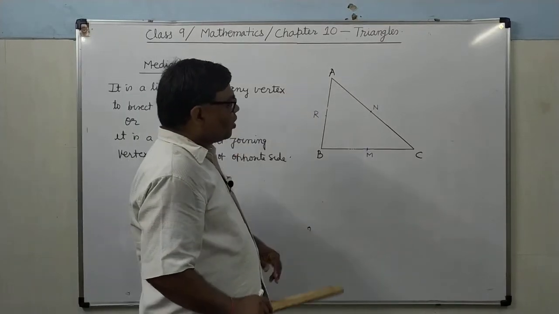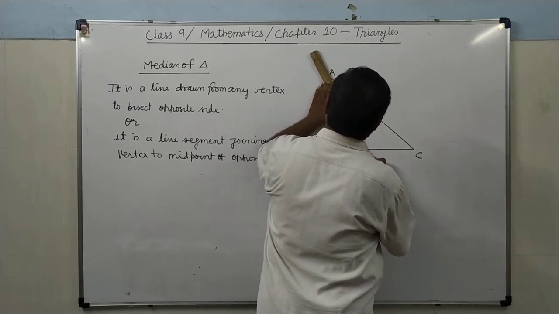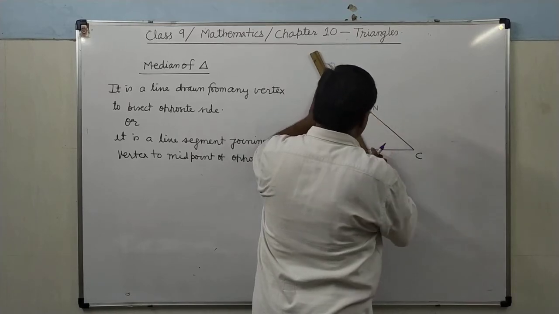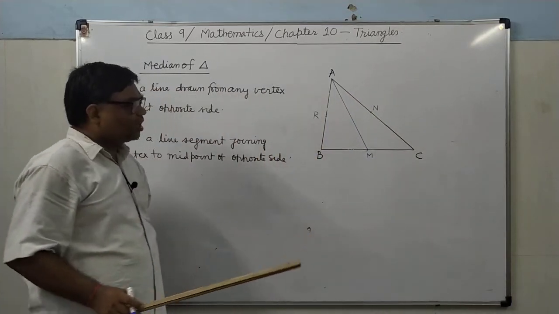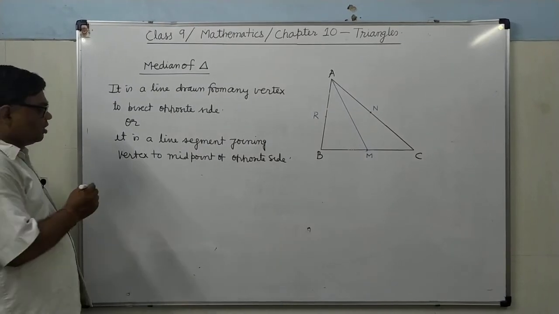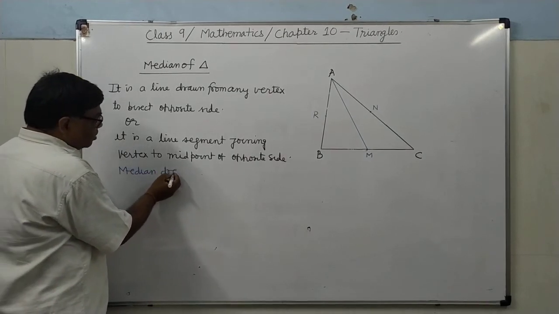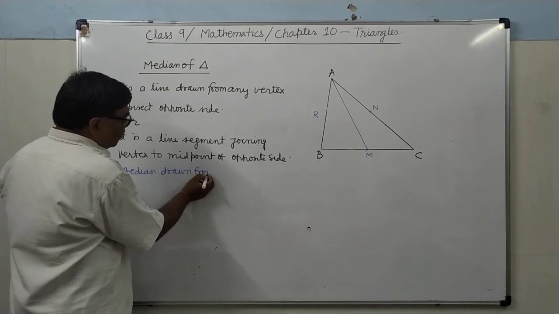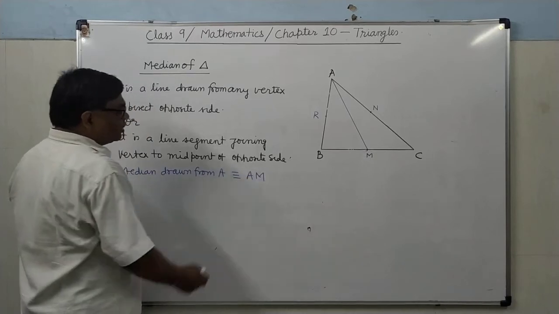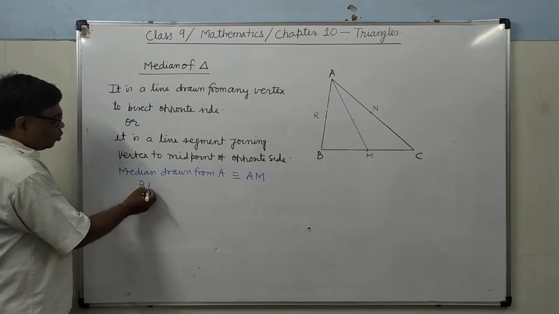Now what will be the median drawn from A? The median drawn from A will be equal to AM. It's clear. You have named it as AM. Since AM is a median, BM will be equal to what?